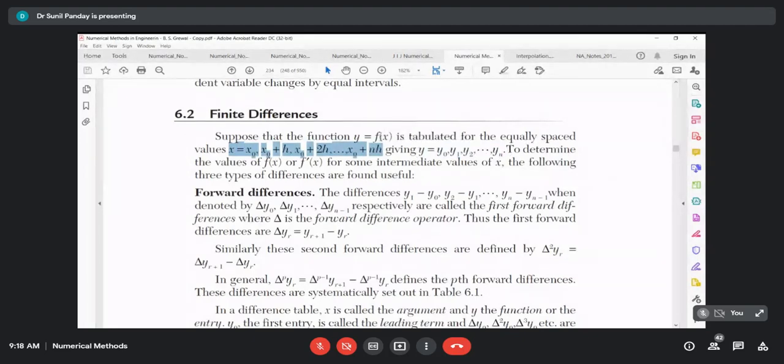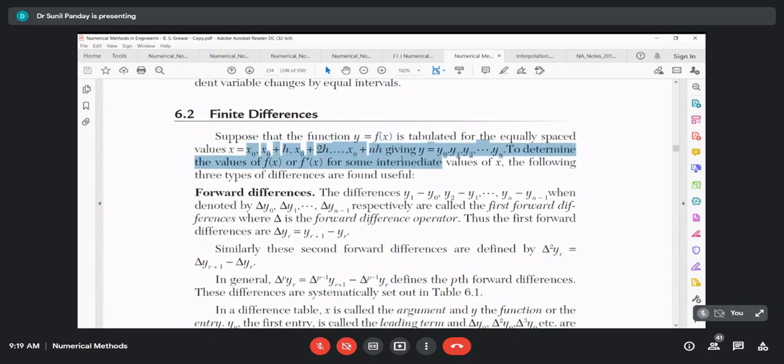And we have to determine the form of this function. Sometimes we want to know, if we have these n plus 1 data points, that the value of y at x naught is y naught, and the value of y at x naught plus h, that is x1, is y1. If you want to know the value at some random point other than these n plus 1 points, you require the form of f of x.